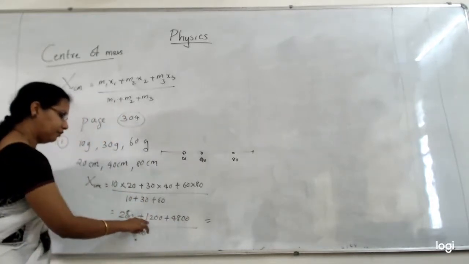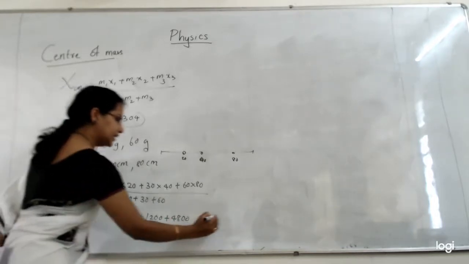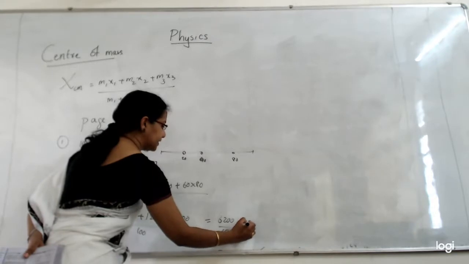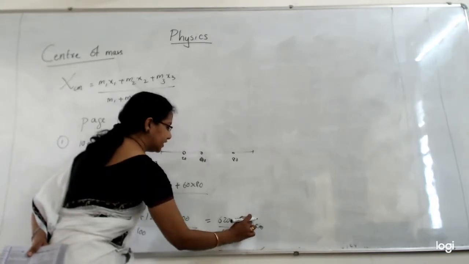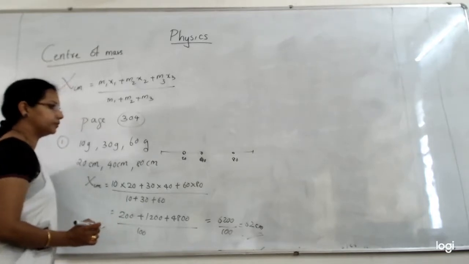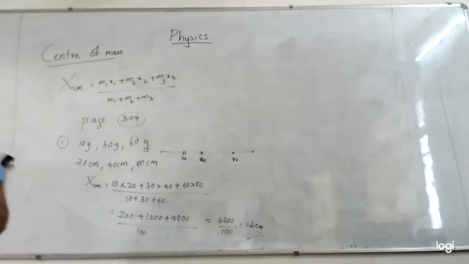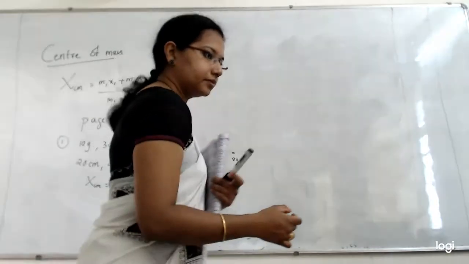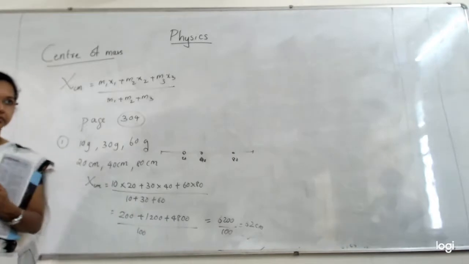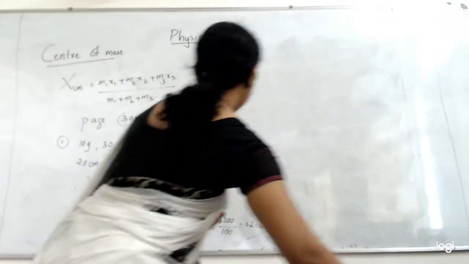That is 6200 divided by 100, which is nothing but 62 centimeter. This is the answer. Next question.